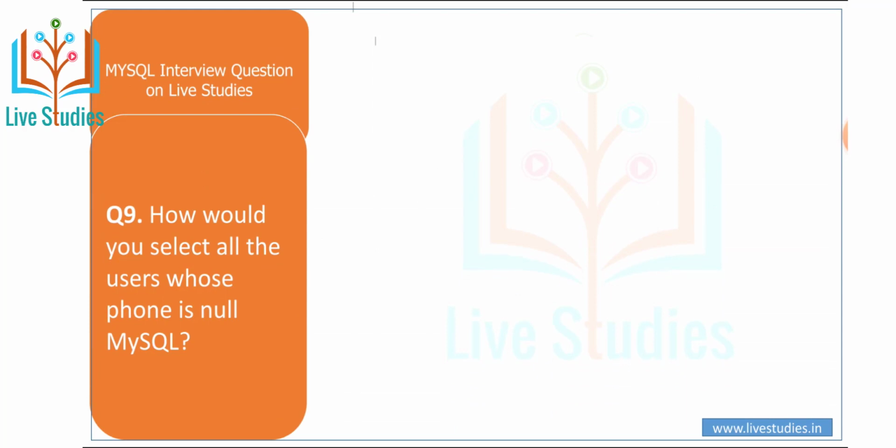How would you select all the users whose phone is null in MySQL?